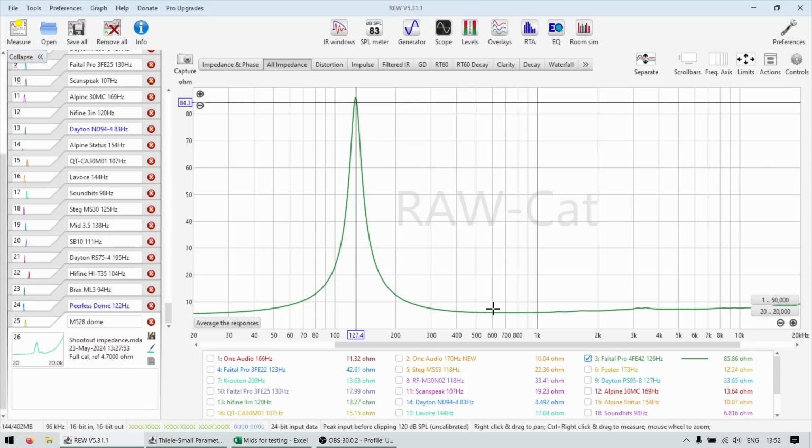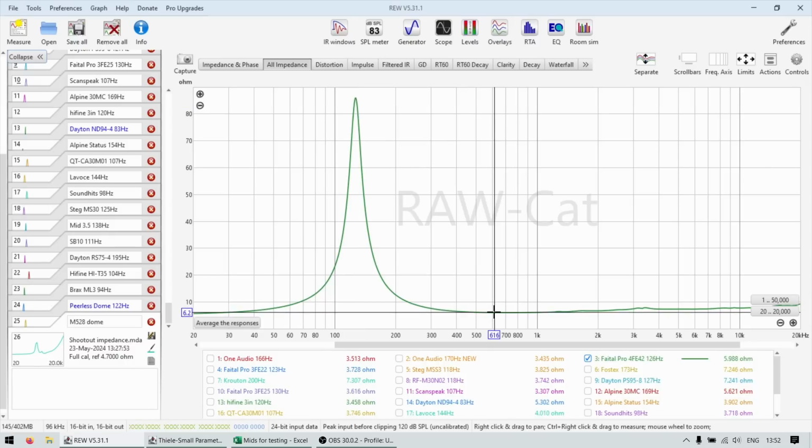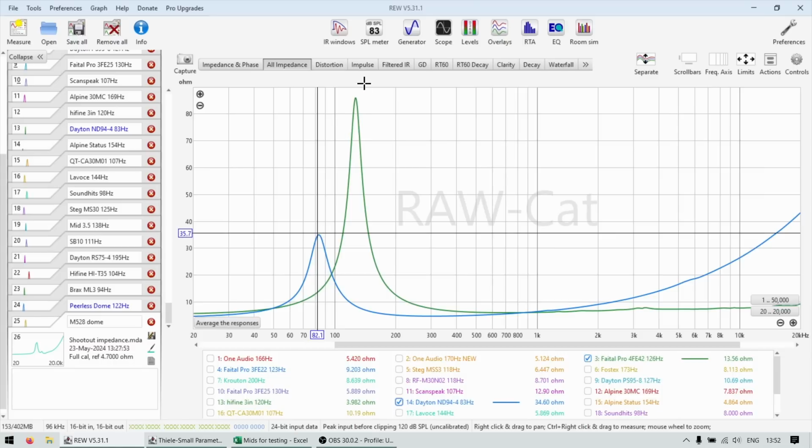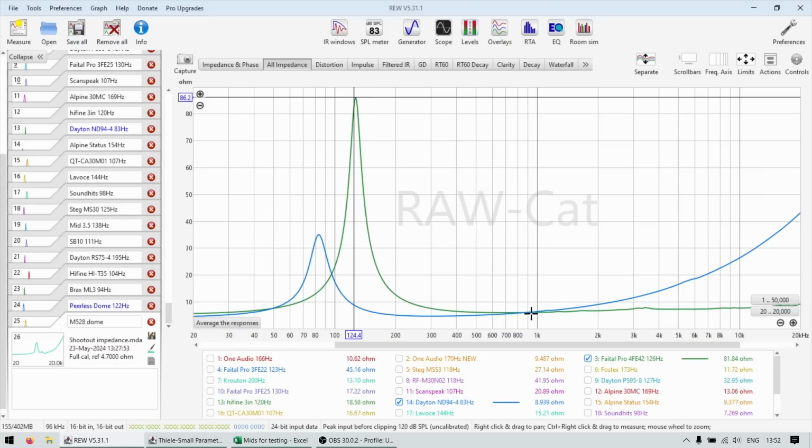As well, we can see the Le, which is the inductance, how high or how low this is. If I show you this one, for example, you can see that these two drivers have different Fs. This is a much lower Fs, this is much higher, and the inductance of the blue one, which is the Dayton, is much higher, and the inductance of the Fatal Pro 4-inch is much lower because it's totally flat.